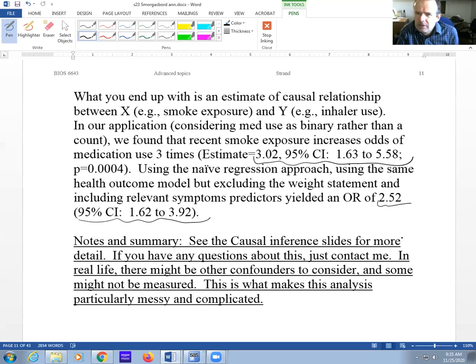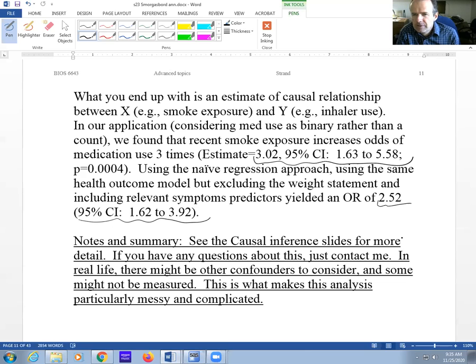I guess you could think of it that way, but the effect you're getting is what we consider a marginal effect. So you don't end up with stratified effects. You end up with the marginal effect that you can't get by using standard regression.